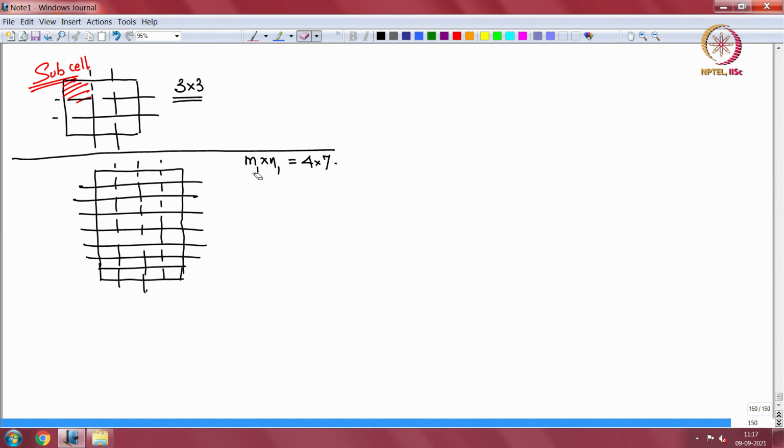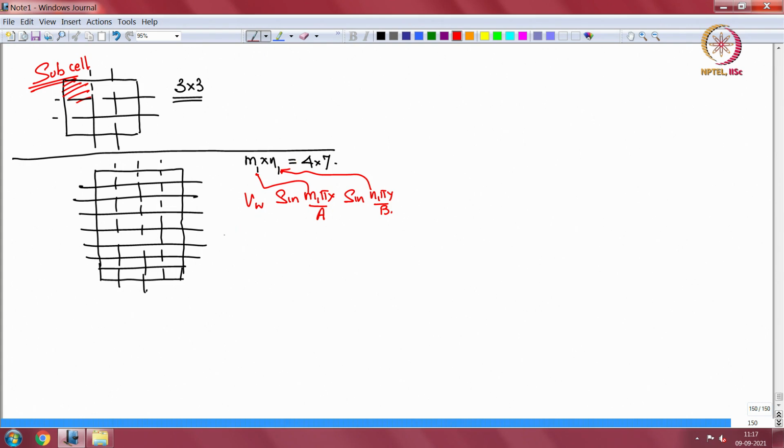We have chosen somehow the symbol VW sine M1 pi x by A sine N1 pi y by B. That is the mode. M1 is 4, N1 is 7. That is the mode. Okay.